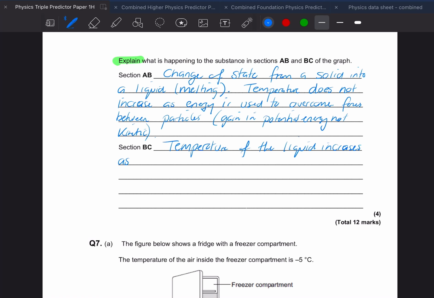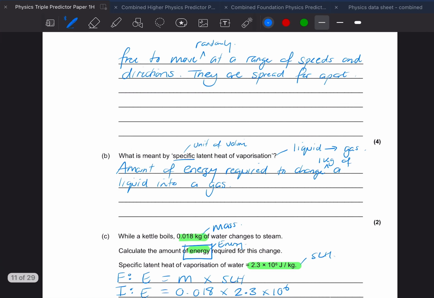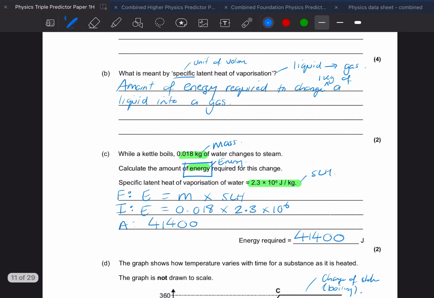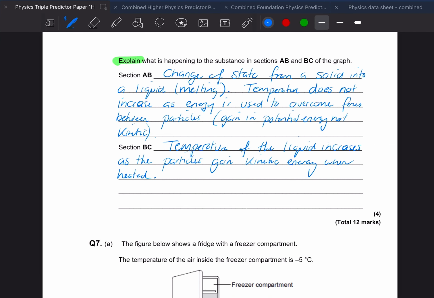So why does temperature increase? As the particles gain kinetic energy when heated, and it increases to C. The temperature of the liquid increases.